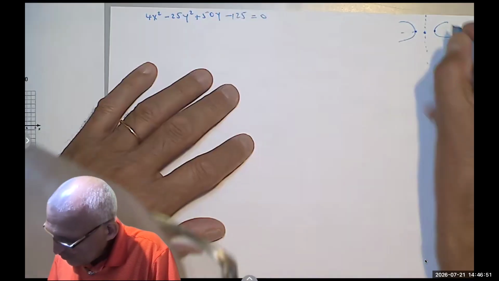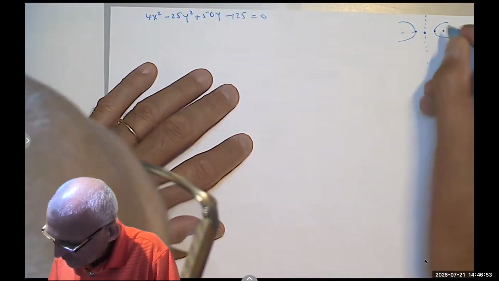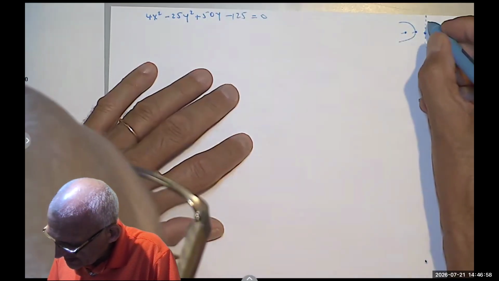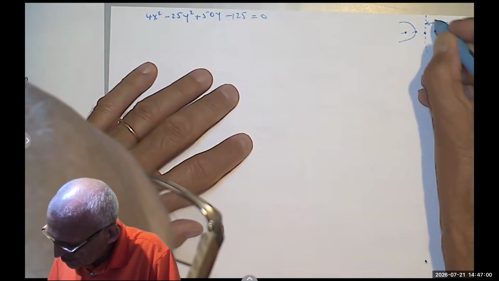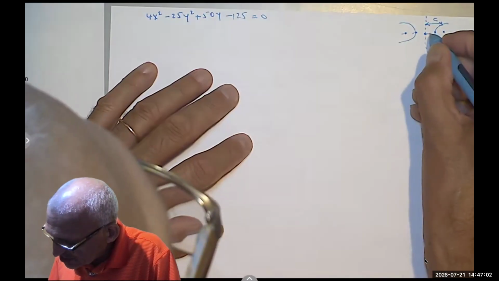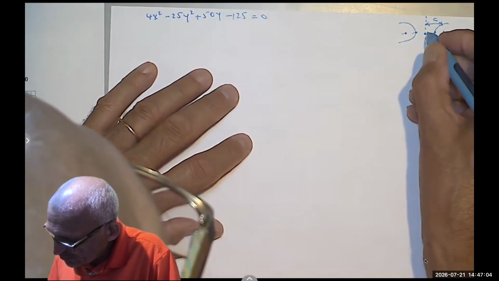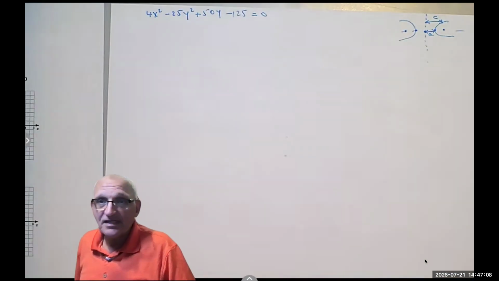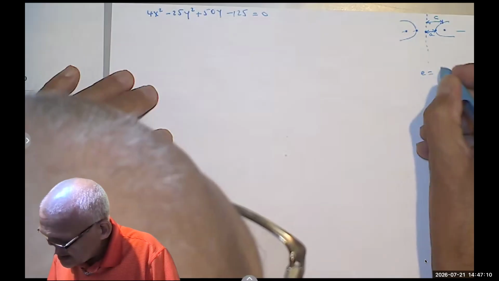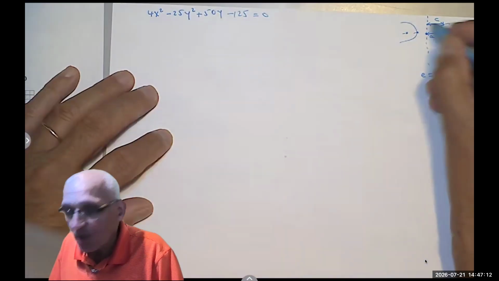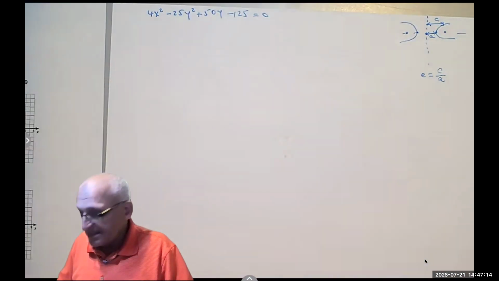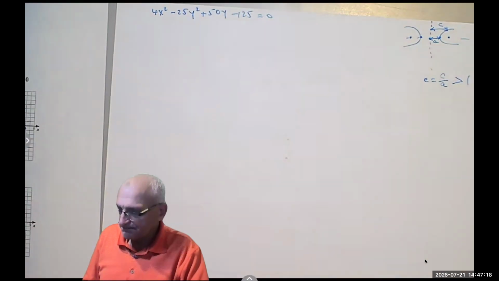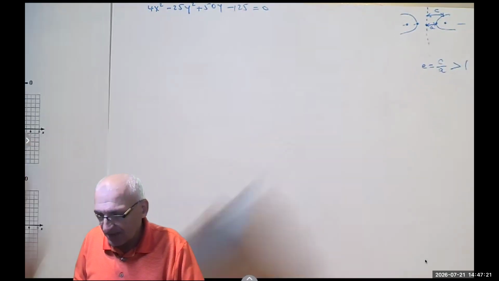And then we are going to find the two foci, and you can see that the distance from the center to the focus, which is c, is larger than the distance between the center and the vertex. And the eccentricity is c over a, and since c is always going to be larger than a, this is greater than 1. That's quickly what we are going to say.